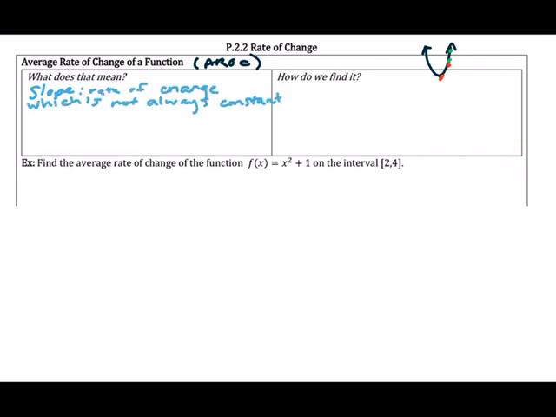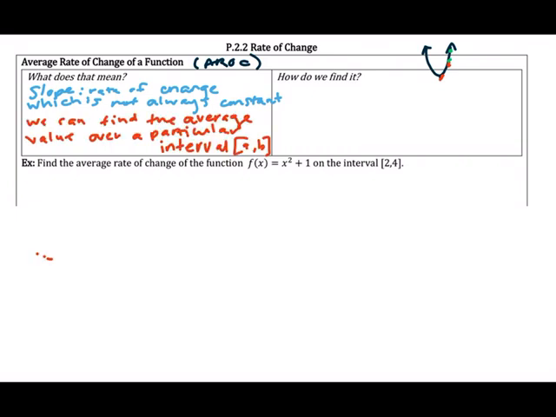Since that may not always be the same over the entirety of the function, we can look at a specific interval, maybe from 0 to 5 or from -12 to 15. We can look at a particular interval and find the average value, which is really just a fancy term for slope, the average value over that particular interval.